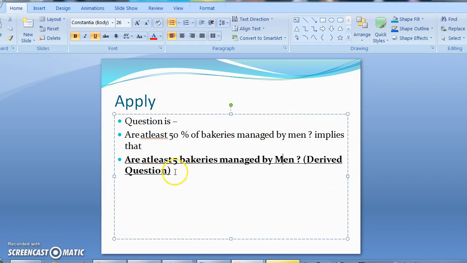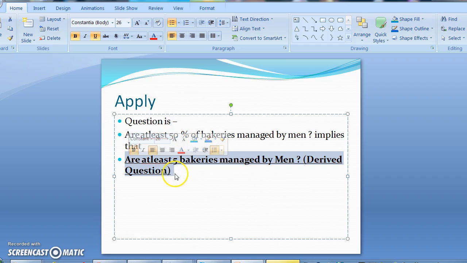Okay, this is the crucial step. Always in DS, we have to come to the derived question, because when we break it down like this and come to the derived question, then it becomes much easier to look at the statements and answer the derived question rather than the original question.